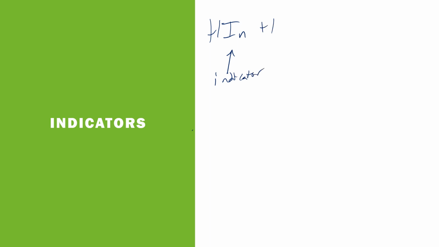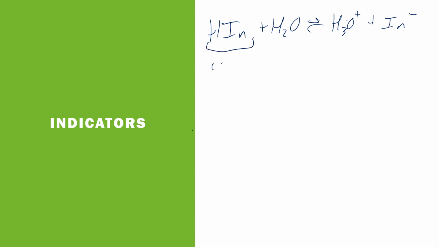When the indicator is in water, it will form H3O+ and that IN negative. All right. So just like any weak acid reaction. But what makes an indicator special is that HIN will be one color, color A, and IN negative will be a different color.